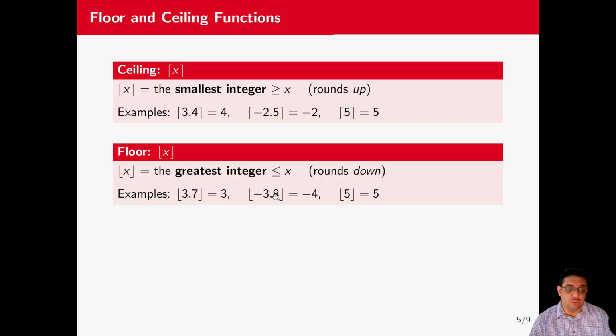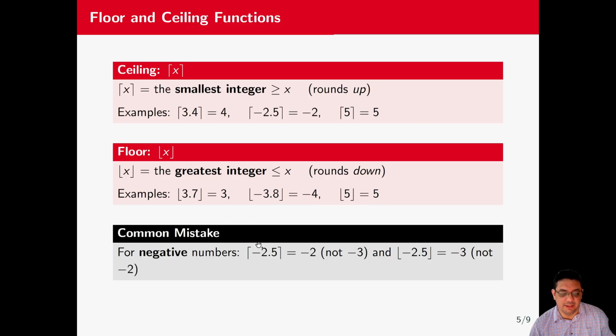If we have minus 3.8, because we're rounding down, we're looking for the greatest integer down, so we're going to have minus 4 here. This is the greatest integer that is less than minus 3.8. Once again, when we have an integer, it's just going to be the same number. So the floor of 5 is just going to be 5.